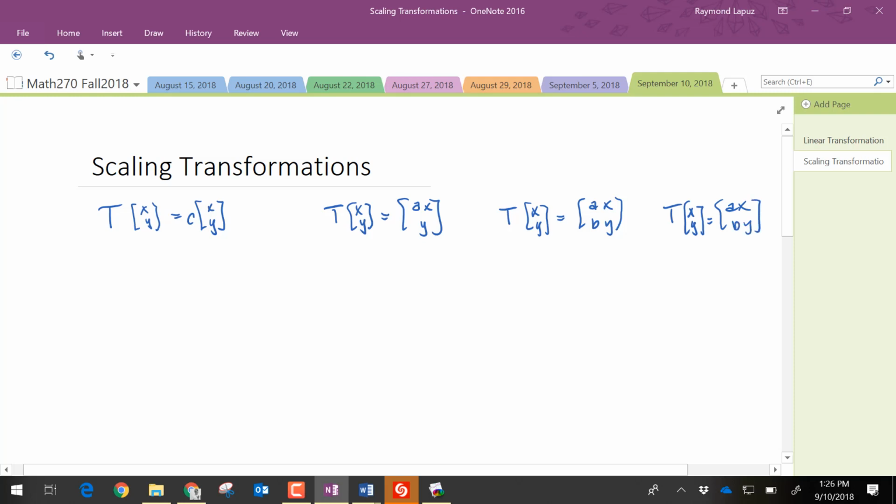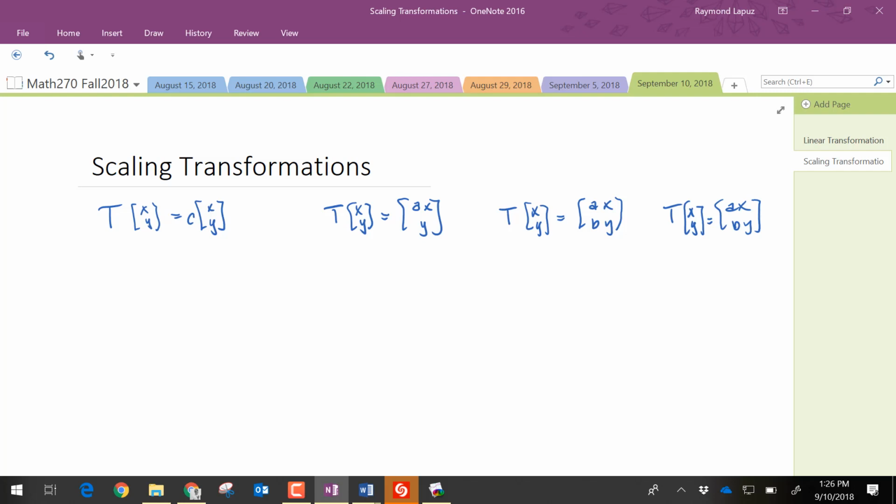If A and B were the same, it's like this first scaling, and that's just going to scale your domain in the same direction, same scale in the x and y direction, but you can scale each of those directions separately, individually.